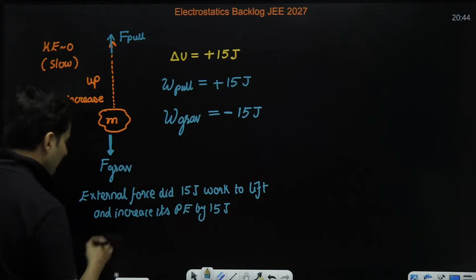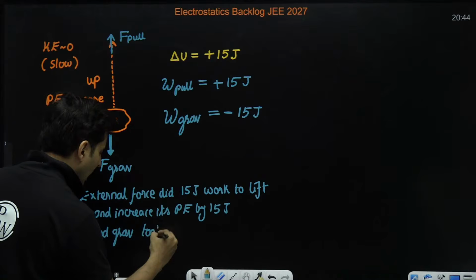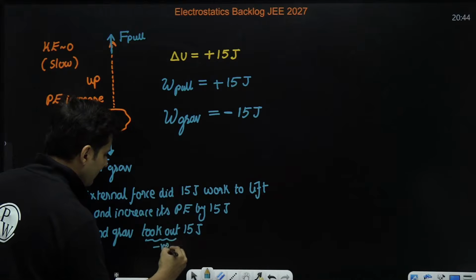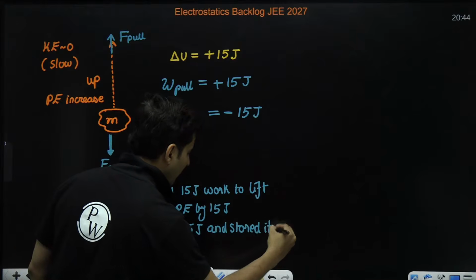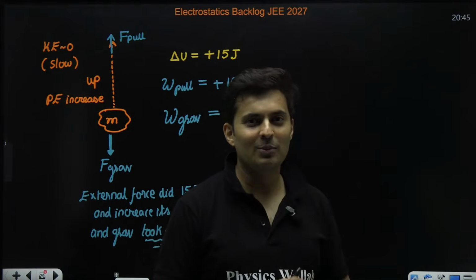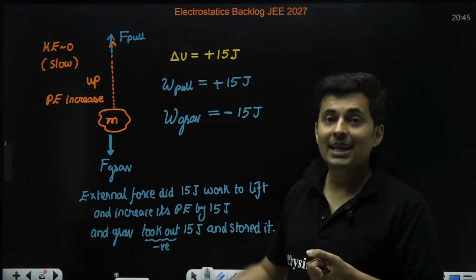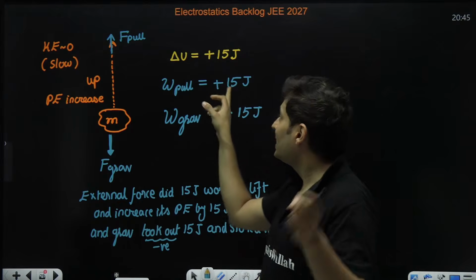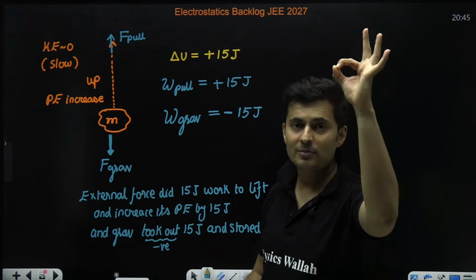There was no loss, and gravity took out 15 joules, and because it took out, that means negative, and stored it faithfully. So don't get scared by gravity doing negative work. We don't have to worry about gravity. It's a conservative force. So it sucked that energy out of me, but it has faithfully kept it in that system as potential energy. That's why whatever you give is whatever gravity sucked, and it has been stored.